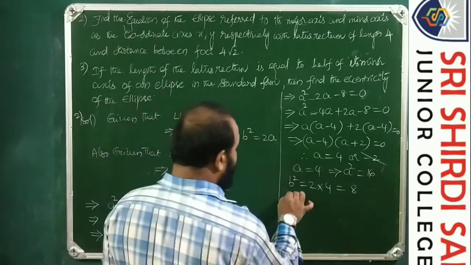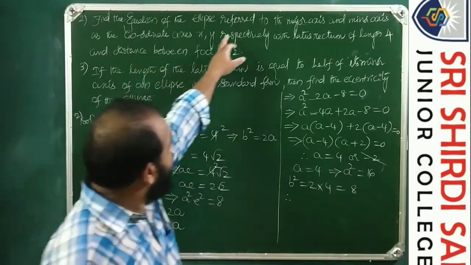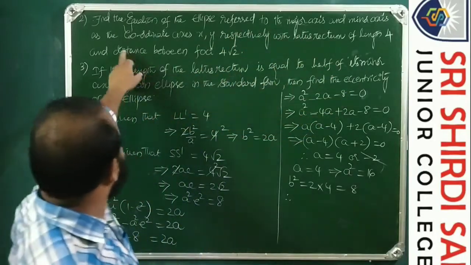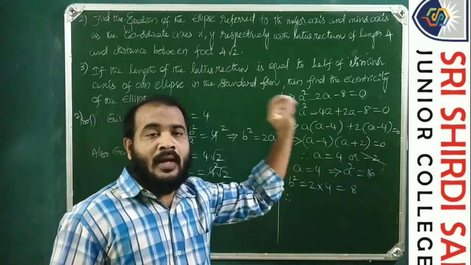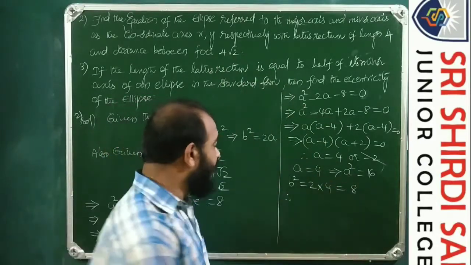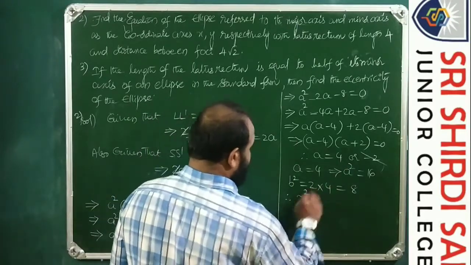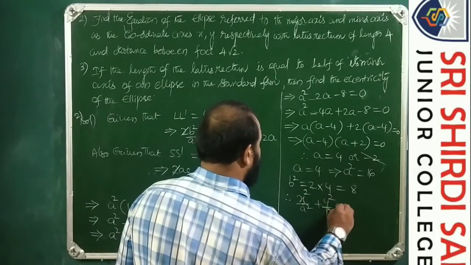Therefore, the equation of the ellipse referred to its major and minor axes with the latus rectum, that means this is the standard form of the ellipse whose center is at the origin. Therefore, its standard equation is x square by a square plus y square by b square equals 1.